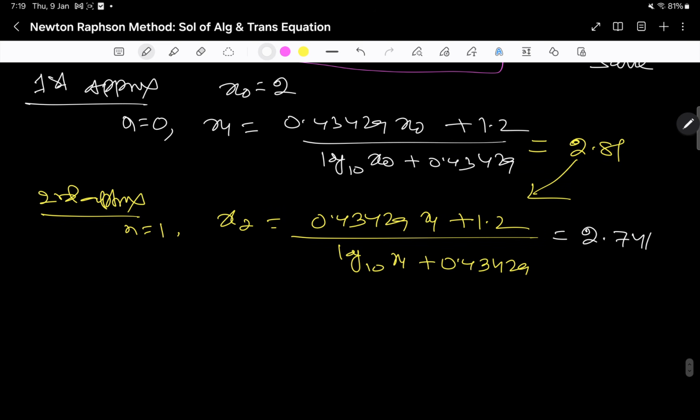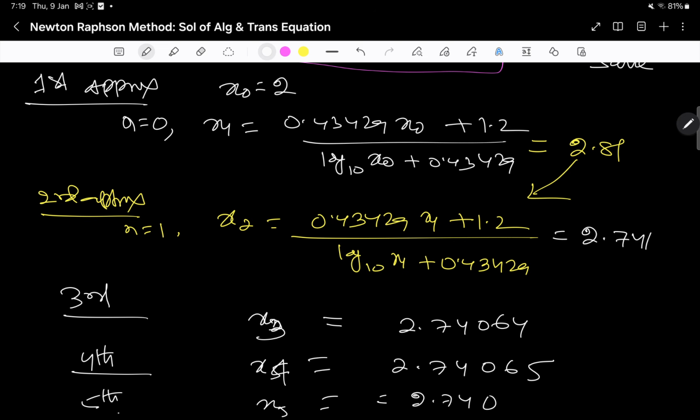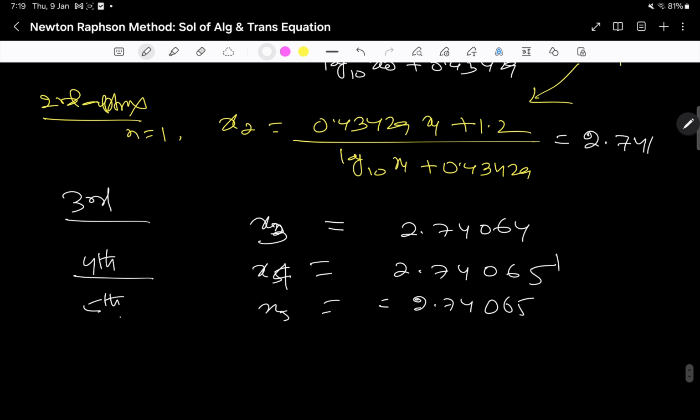If I go on continue, my third approximation, x3 will be 2.74064. Now my x4 will be subsequently 2.74065. Then my fifth approximation, x5, will be 2.74065. You see, it is almost same.